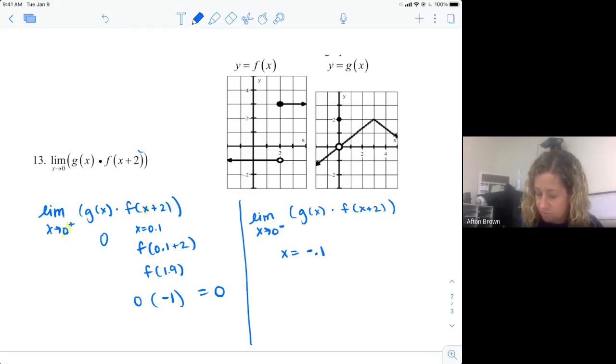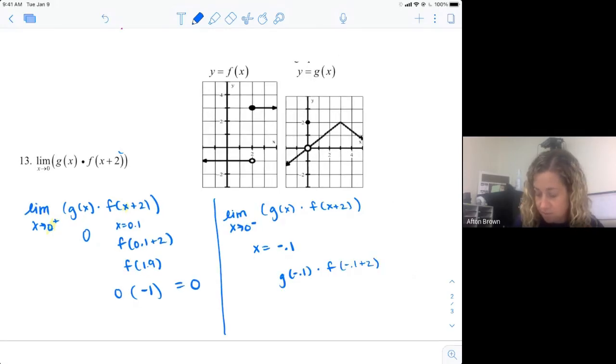So I'd have G at -0.1 times F at -0.1 plus 2. If we look at the graph, G at -0.1, as we're approaching and get closer and closer, goes to 0. So this is 0. This would be F at 1.9.